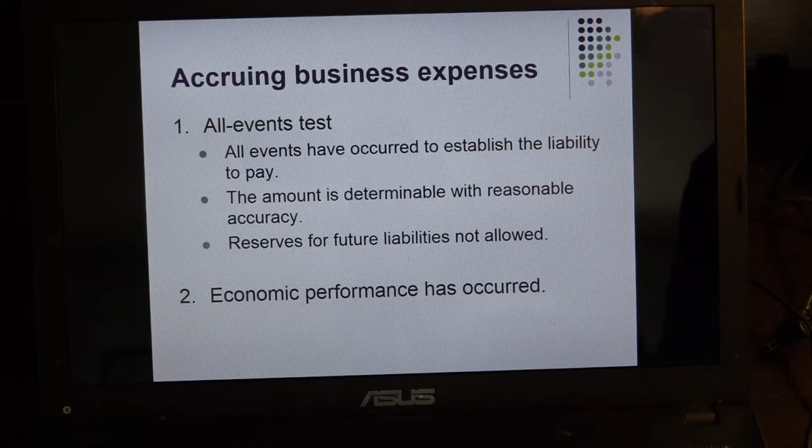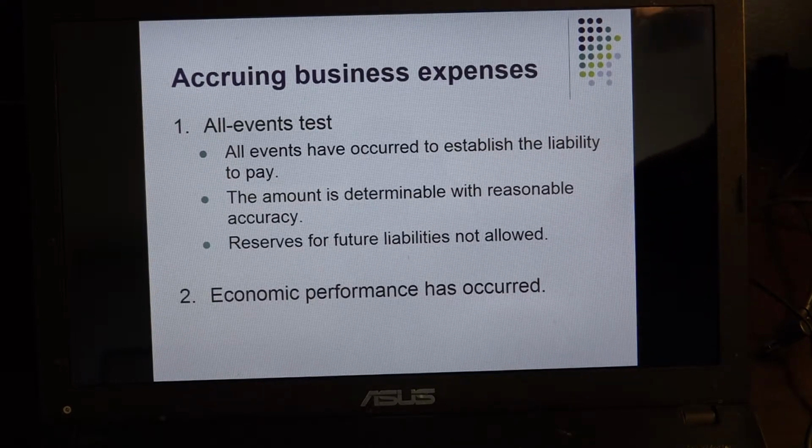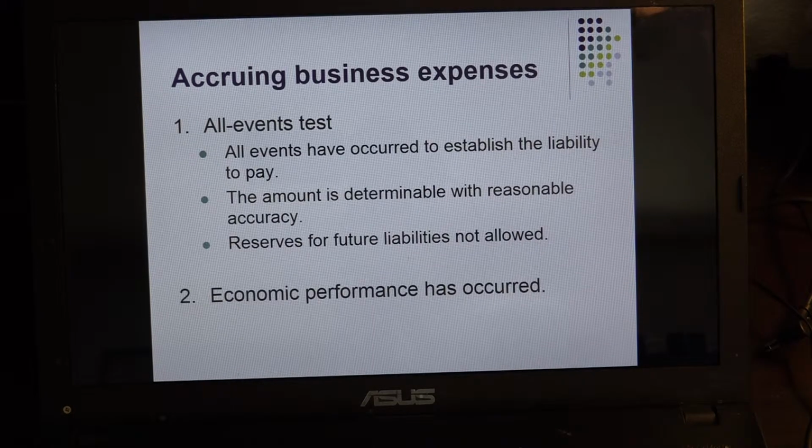As far as payment liabilities, economic performance occurs when the business actually pays the liability. Thus, what do accrual method businesses incurring payment liabilities look like under the economic performance test, where they can only accrue a liability when they pay it?